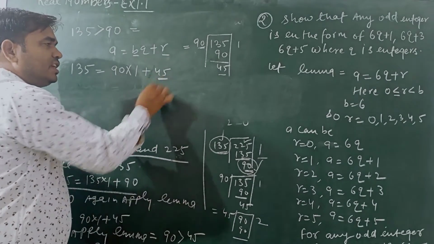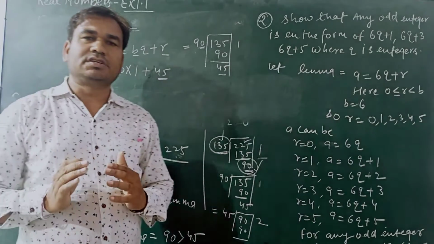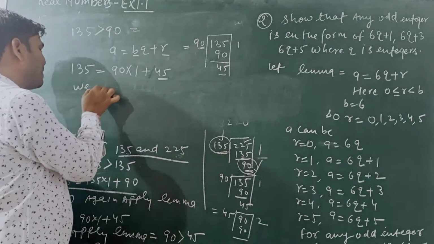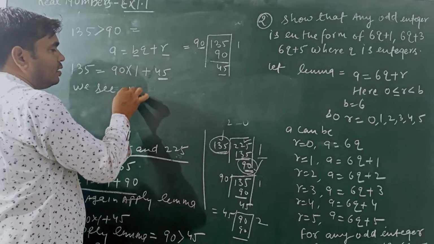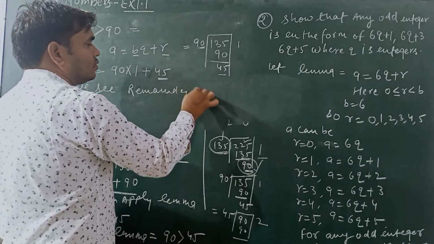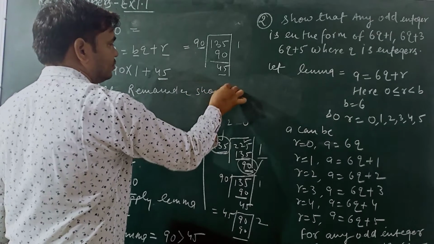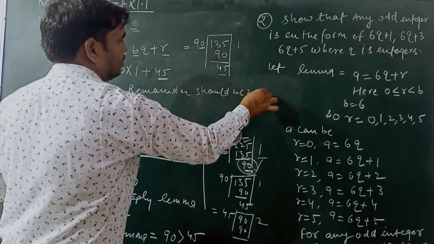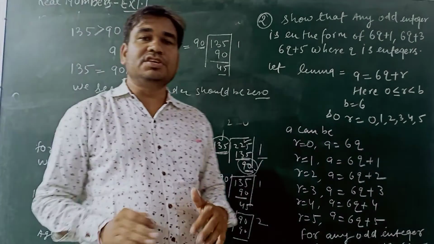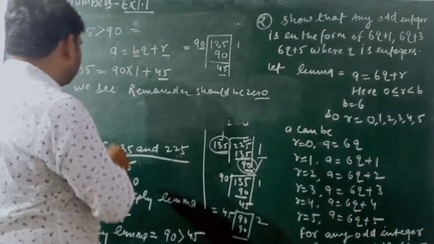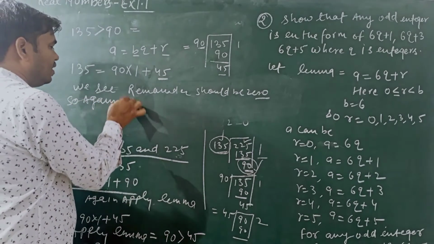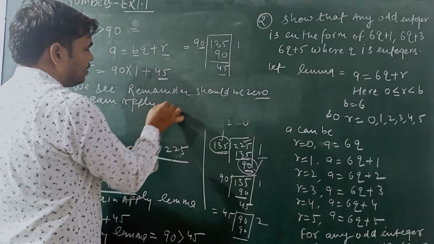Again the remainder is not 0. When the remainder is not 0, we again apply the division lemma.